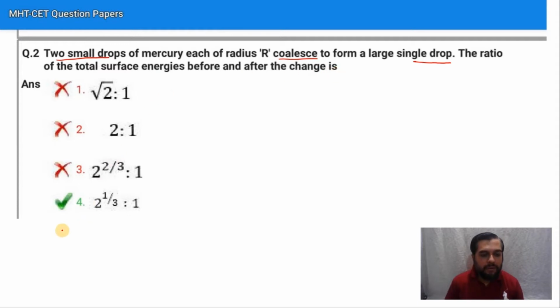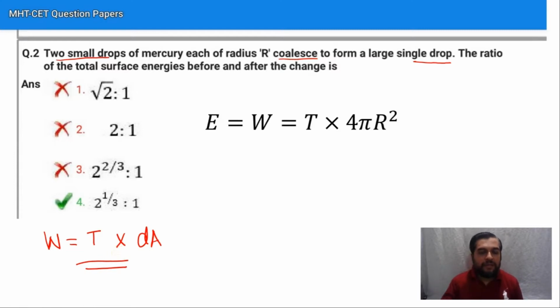Now you all know the total energy of a drop, or you can say the total work done in formation of that drop, is nothing but surface tension into the total surface area of that particular drop, right? So the energy of that drop is surface tension into surface area, and for a sphere, 4 pi r square is the total surface area.